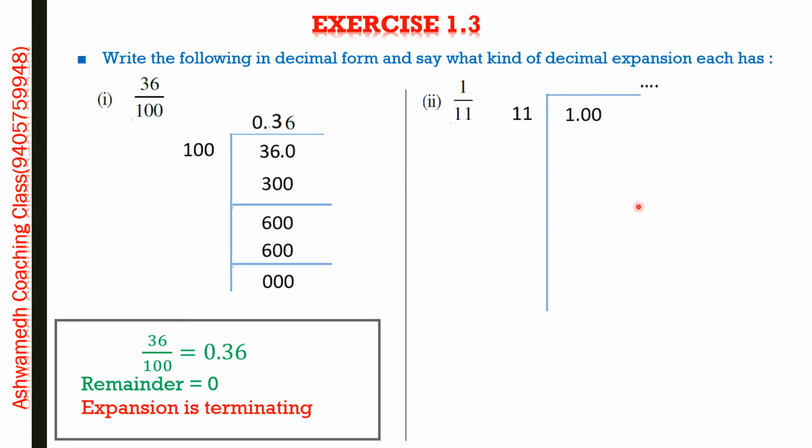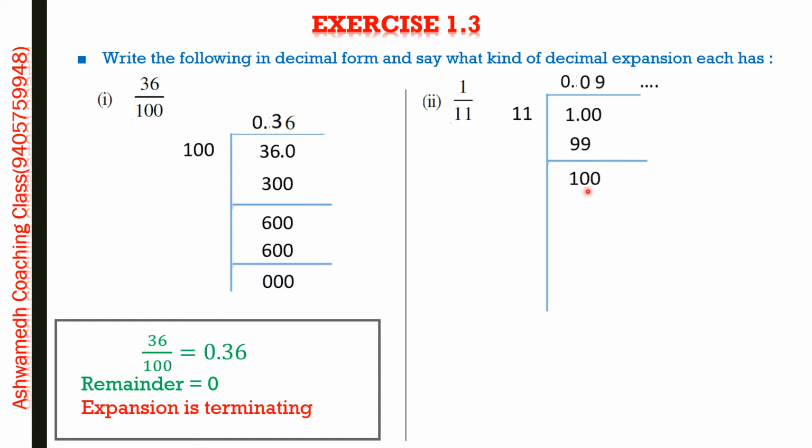So 1 is divided by 11. We cannot divide 1 by 11, so take 0 and we get 10. Once again we cannot divide 10 by 11, so again take 0, and we get 0.0. Now we get 100, and 11 into 9 is 99, so 100 minus 99 is 1.